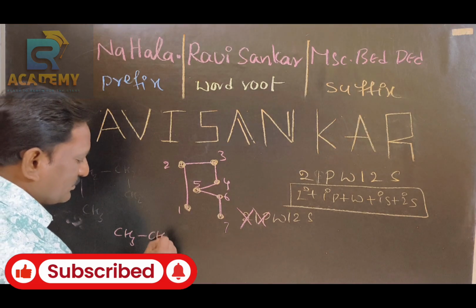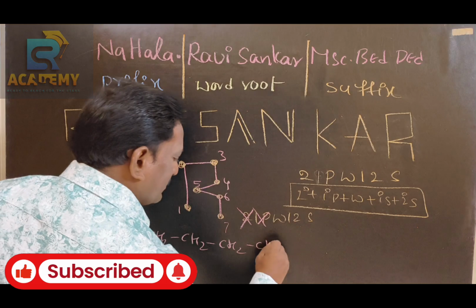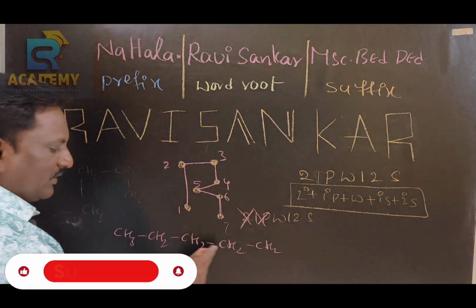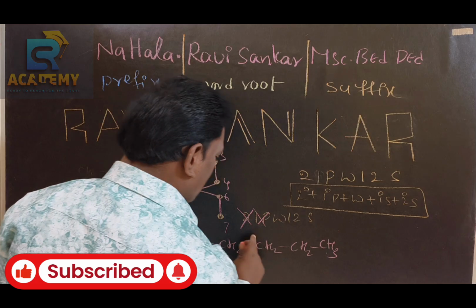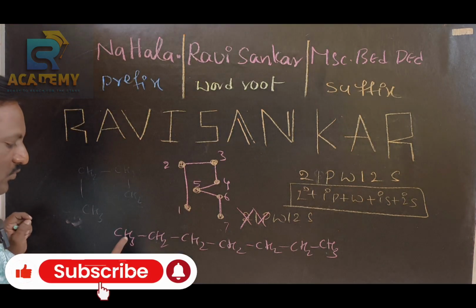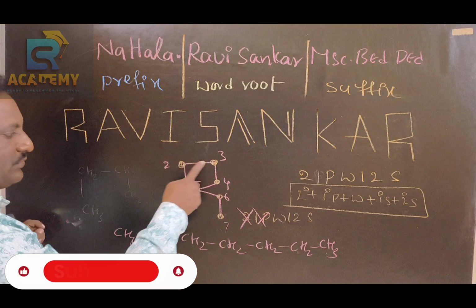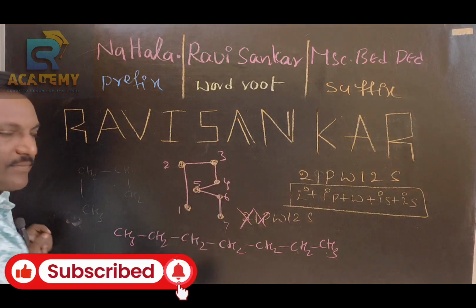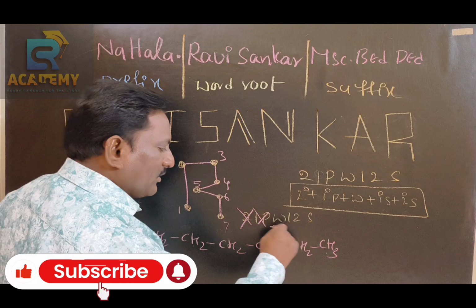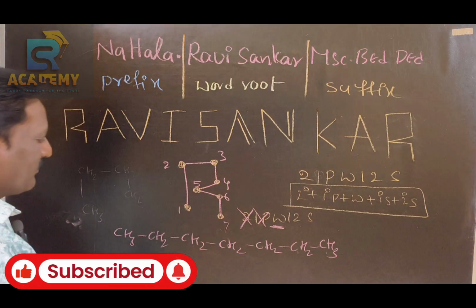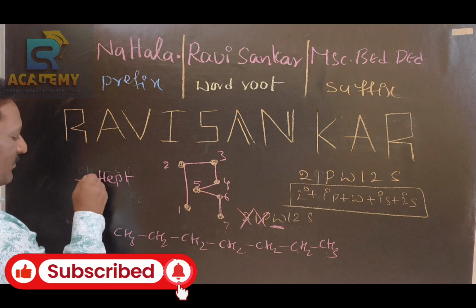How many carbon atoms are there? 7. 7 means hept.